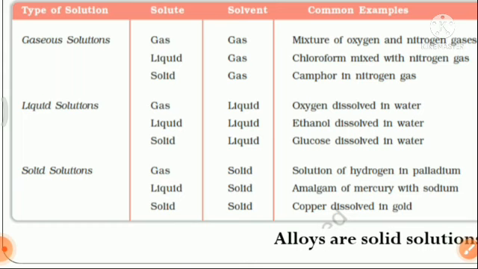If the solute is also a liquid, for example the lemonade that we have already considered, which is a solution of lemon juice in water, the lemon juice is the solute and it is a liquid dissolved in water, so the solvent is also a liquid.